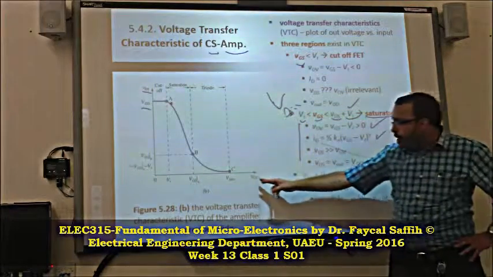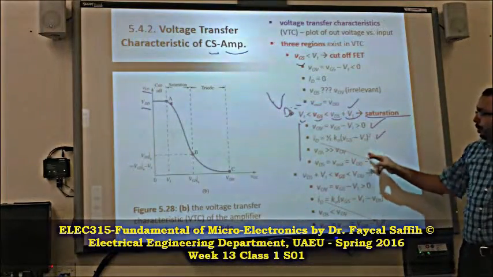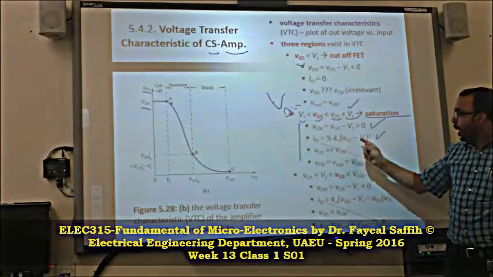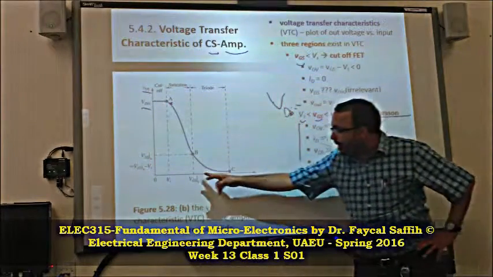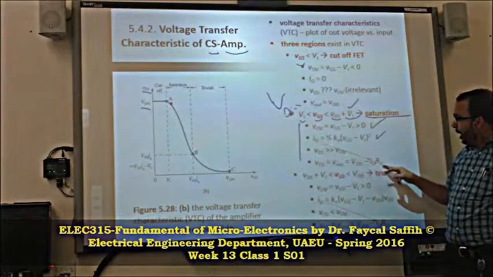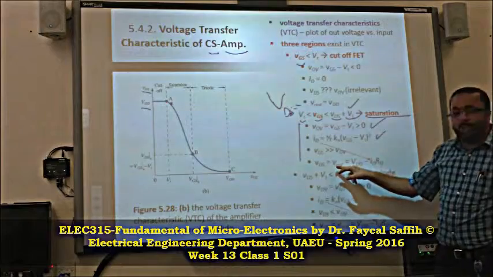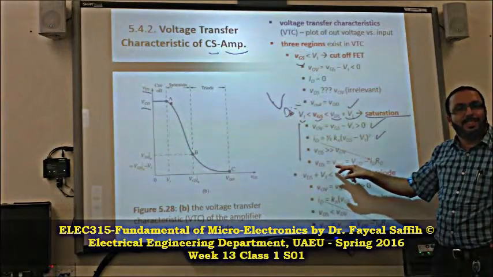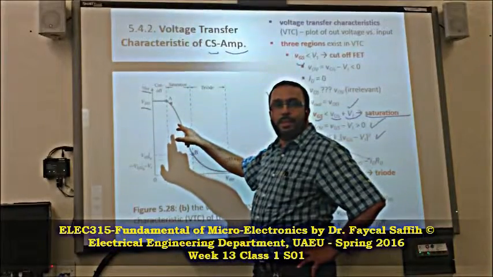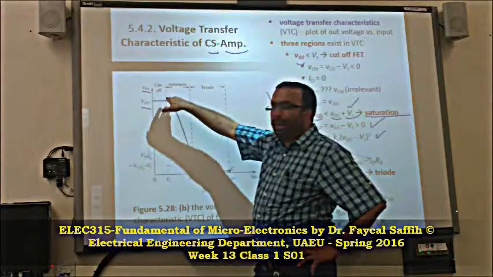So now, VGS, do you see VGS here? Of course there is VGS in ID, you see? So as we increase VGS, increasing VGS increases ID, which will decrease what? VDS, or V output. Right or not? So that's why we are sliding.